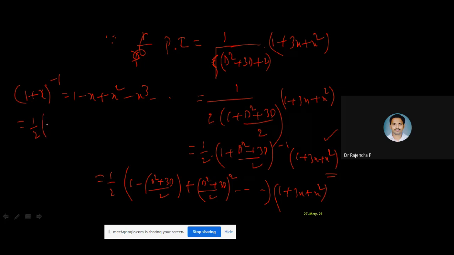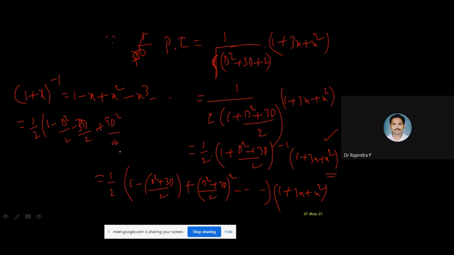So 1 minus, if I split it here, I will get d square by 2 minus 3d by 2. Here in this term, what are the d square terms we are going to get if we are expanding this a plus b whole square form? 3d whole square we will get, right? So plus 9d square by 4.